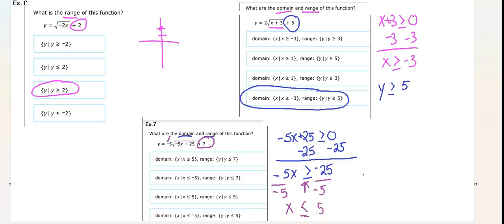So we know that our range is less than or equal to 7. And that one's going to be this one. There you go. So that's all I got to say about that. You just have to be really careful of these negative signs because they flip the graph here and there everywhere.